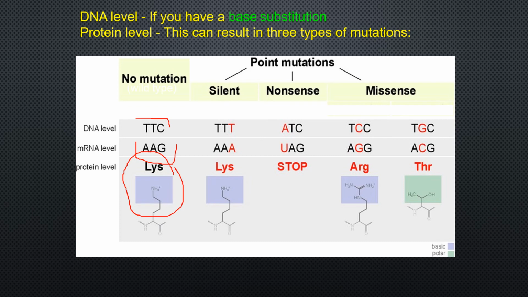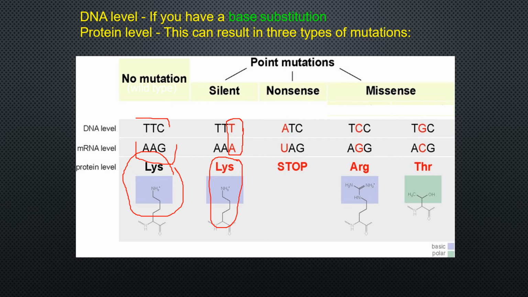So with these, if we have a point mutation on the end and we substitute the cytosine for thymine, our mRNA level is going to be an adenine instead of a guanine. So interestingly enough, AAG and AAA both code for lysine. So this is what we call a silent mutation. So you wouldn't notice a difference on that one because it still codes for the same amino acid.